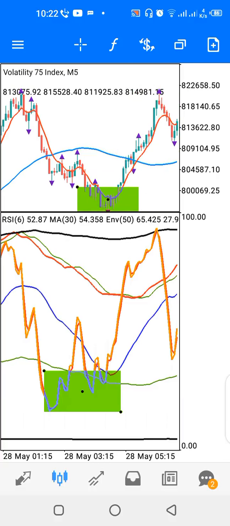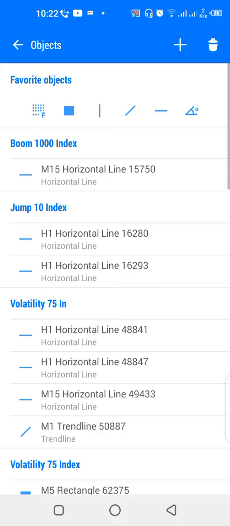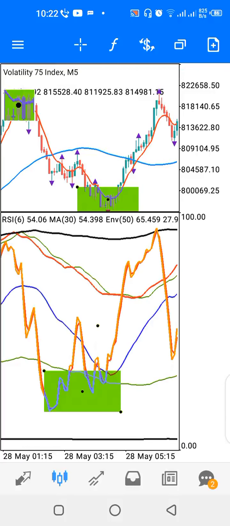Okay, but you have to consider the fact that these red and orange lines must cross above this blue line within the green envelope band. You can see this blue line. This red and orange line must cross above it for you to have a buy situation.